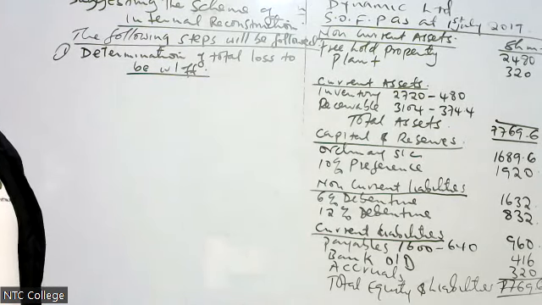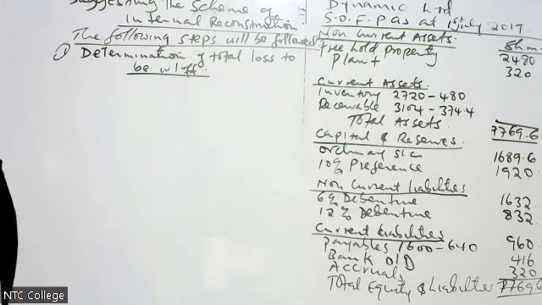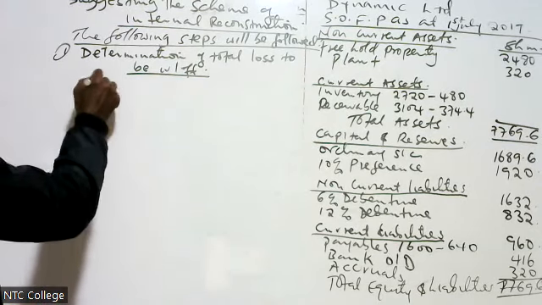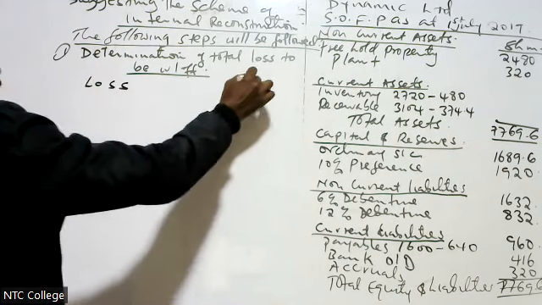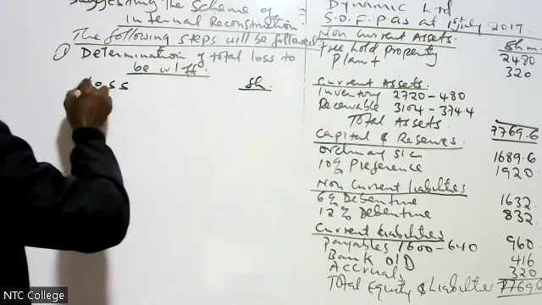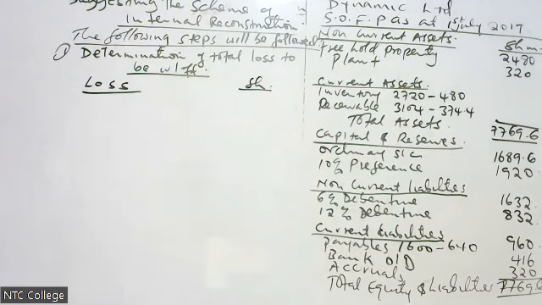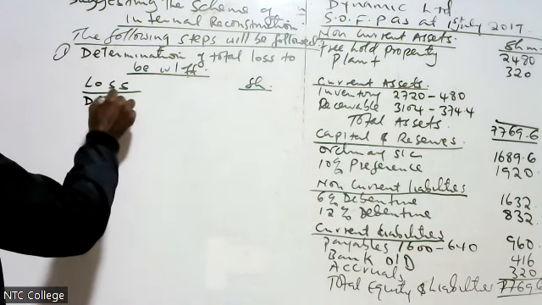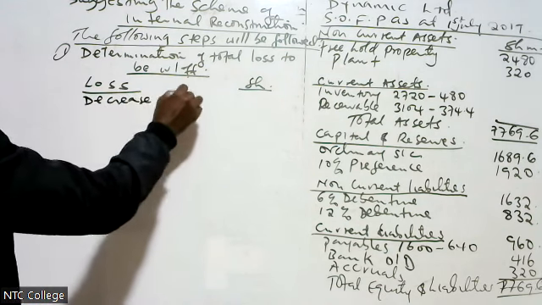You determine total loss to be written off. How do you determine losses? We say here, losses, shillings. Where do we get losses? Decrease in asset.